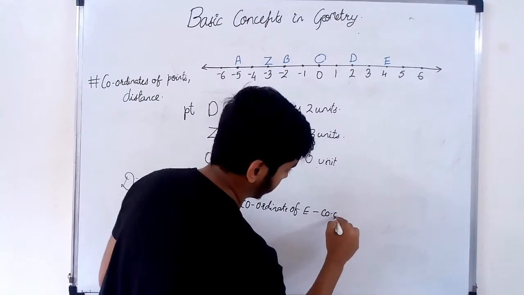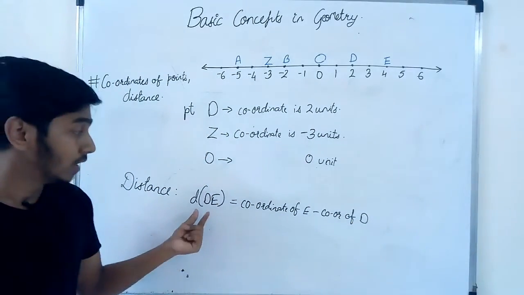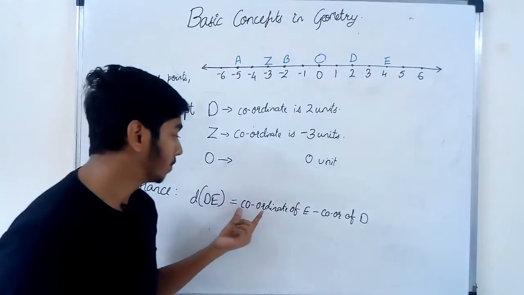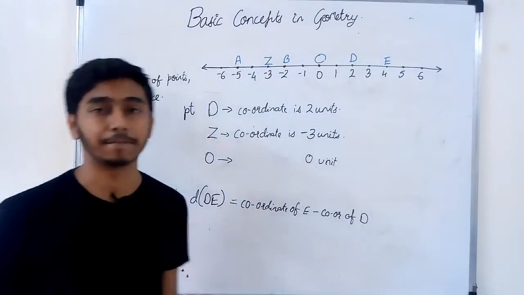Distance DE can be found by the coordinate of E minus the coordinate of D.